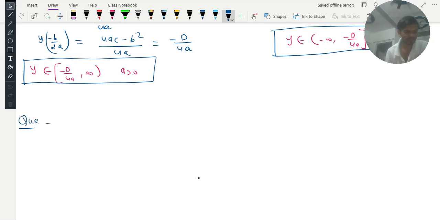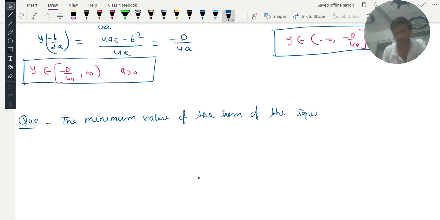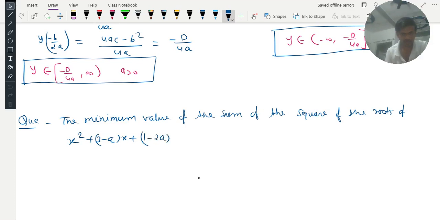Question: the minimum value of the sum of the squares of the roots of x square plus (3 minus a)x plus 1 minus 2a is equal to 0.